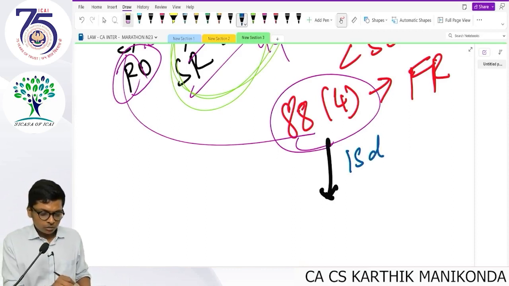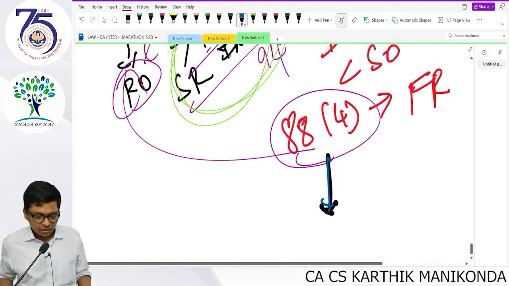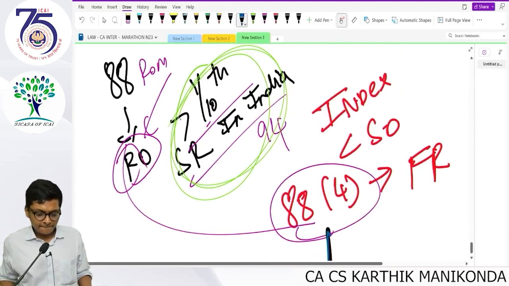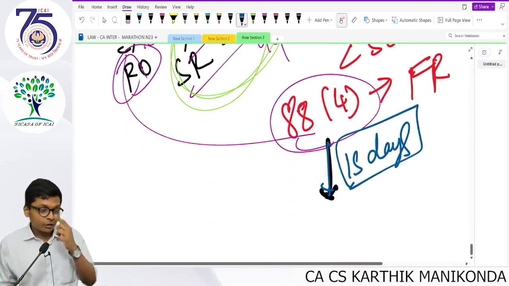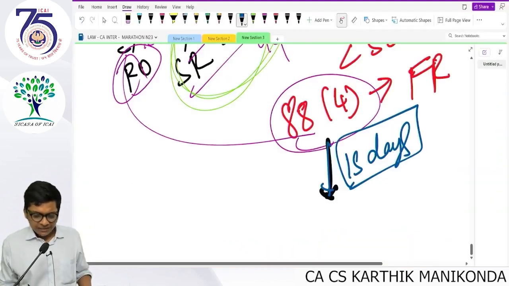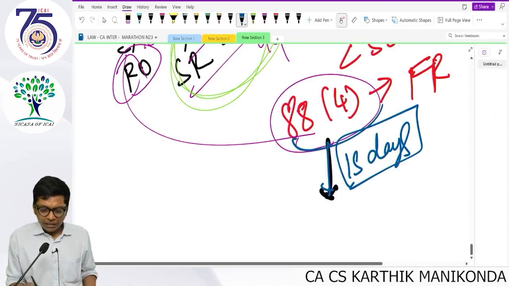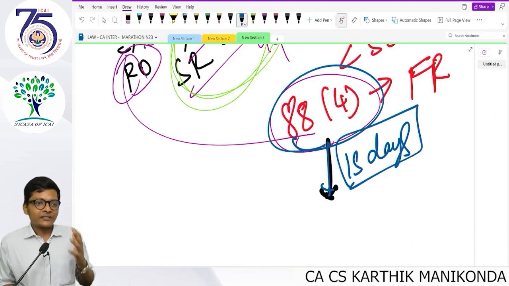Not 10 days. Check: backup provisions, 88 subsection 4. It is once in every 15 days. So the foreign register will be sent back to India once in 15 days.